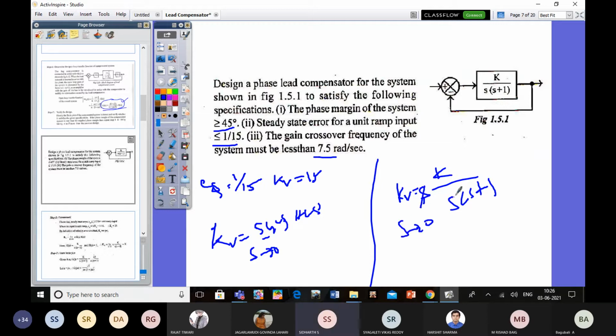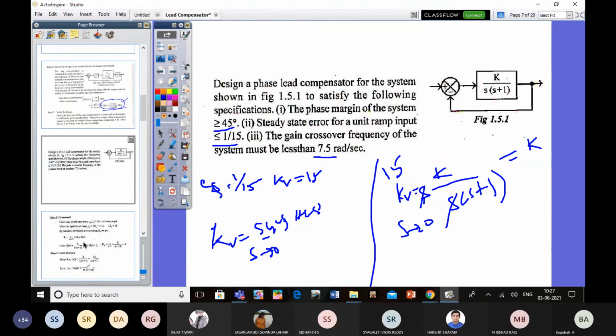This S will be cancelled. When you substitute S tends to 0, we will get K. So Kv is equal to K, which is 15. Sometimes they directly give the K value, so you need not follow the first step. Directly you can jump to the second step.